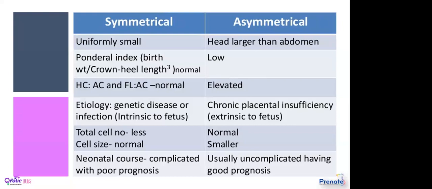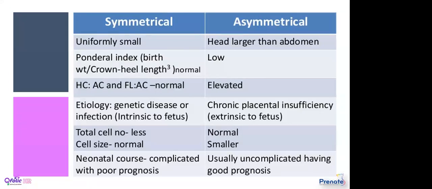And the ponderal index, that is the birth weight divided by crown heel length, is normal. In these babies, the head circumference to abdominal circumference ratio and the femur length to abdominal circumference ratio are usually normal, so they are symmetrical. I mean, the head is growing at the same velocity as the abdominal circumference. So if we take the ratio, it is usually normal.